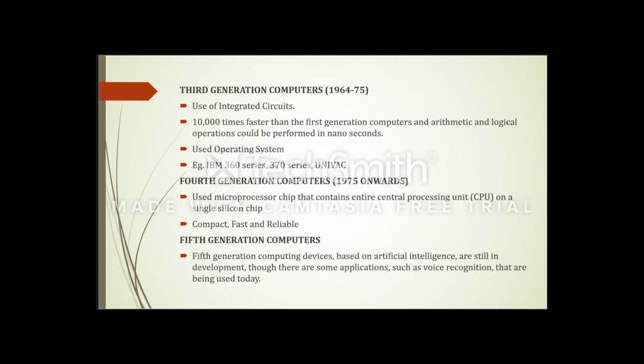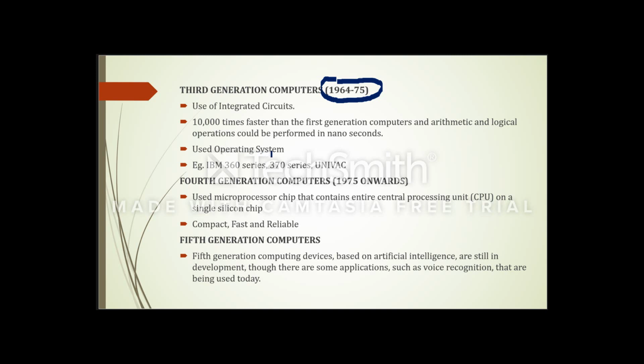The third generation, which one can say is from 1964 to 75, used integrated circuits. Since integrated circuits performed so fast, the difference from first generation speed was 10,000 times.